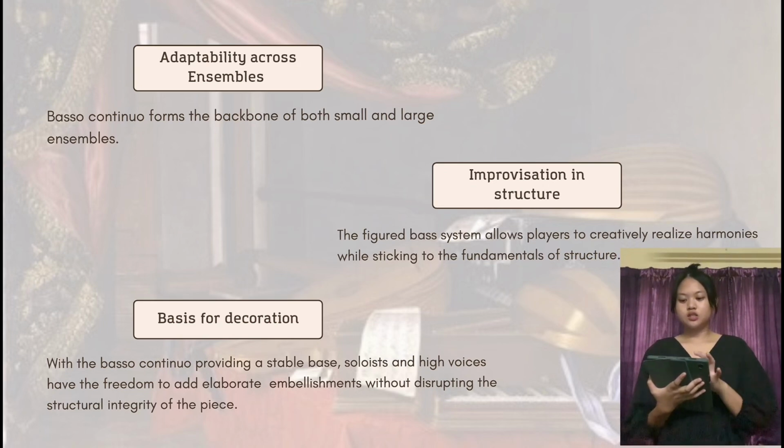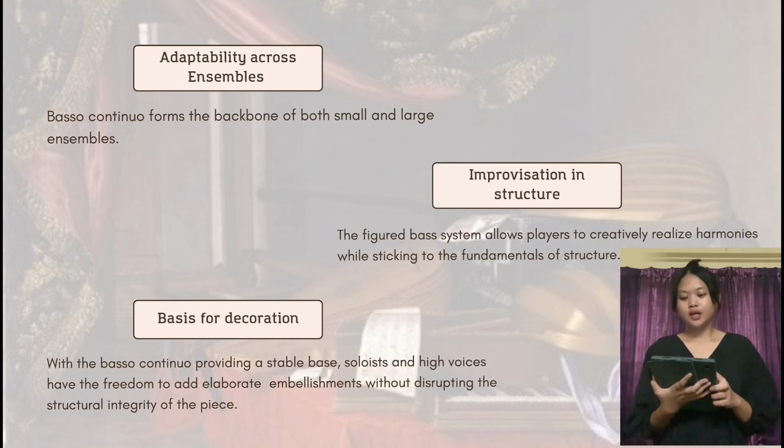Other than that, it's also improvisation in structure. The figure-based system allows players to creatively realize harmonies while sticking to the fundamentals of structure. This balance between structure and flexibility gives Baroque music its characteristic dynamism.